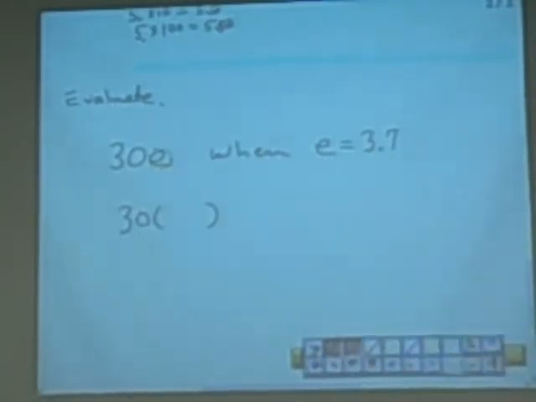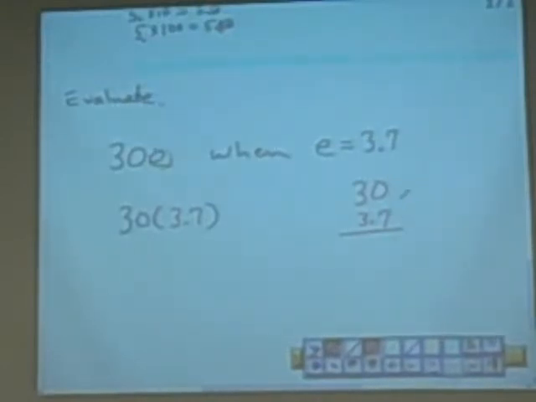In this case, E equals 3.7. So what we're saying here is 30 times 3.7, right? So here we can put 30, and we can put 3.7. Now with multiplication, we do not need to line up the decimal points. It's only for addition.